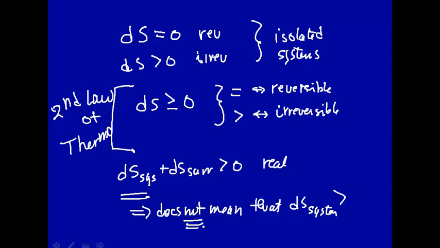In fact, what this means in general is that the system plus surroundings has to be greater than 0. Now, if the system is isolated, for instance the universe, then the entropy change of the system has to be 0. But in general, I'll just make that point, the second law does not mean that the entropy of the system has to increase with time.